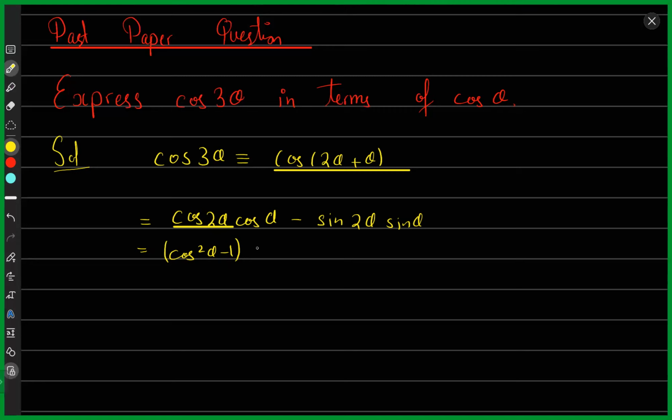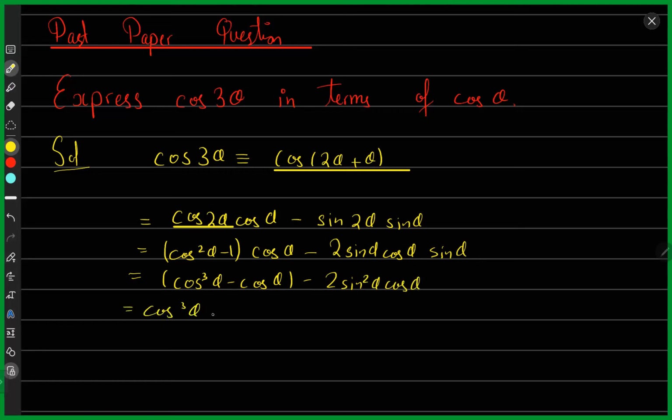We have just done this part, and then this is cos theta minus, and I can write down sine 2 theta as 2 sine theta cos theta, times sine theta. This would give me cos cube theta minus cos theta, then minus 2 sine squared theta cos theta.